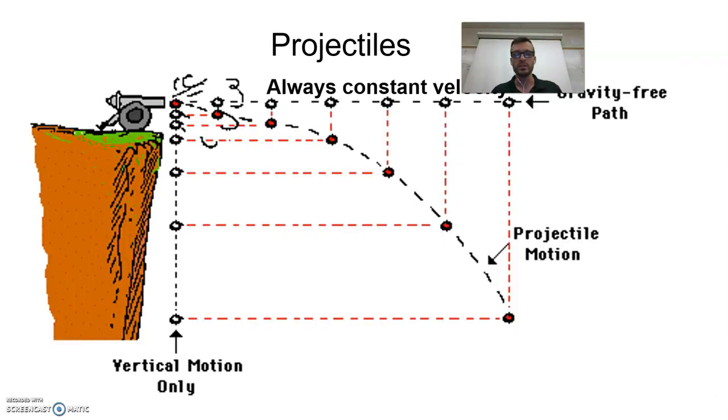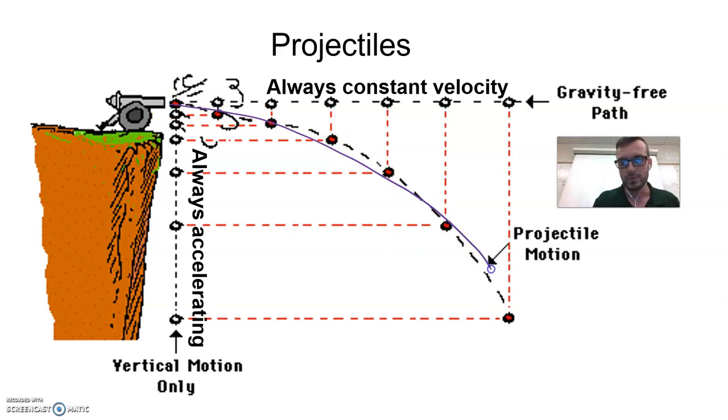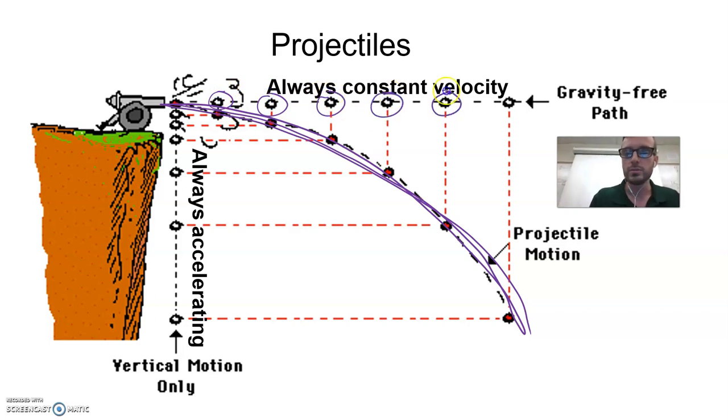So if we put this together for projectiles, imagine I shoot something out of a cannon and it goes, pew! I'm sorry, my little drawing tool isn't working. And it goes like this. We know it's going to take a path that looks like a parabola. What if we break that down into two pieces? Well, horizontally, once the cannon explosion happens, there's nothing pushing it to the right anymore. So what's it going to do? It's going to go at a constant velocity. An object in motion stays in motion in the direction it's going.